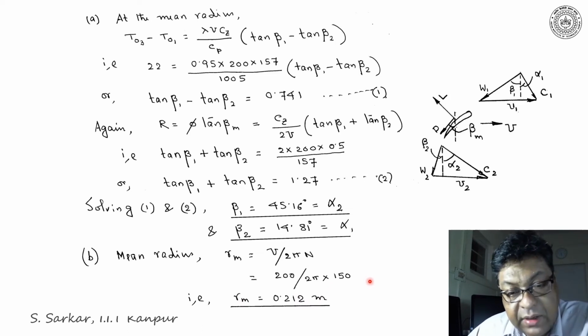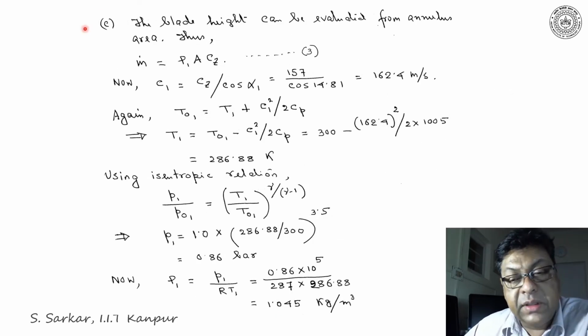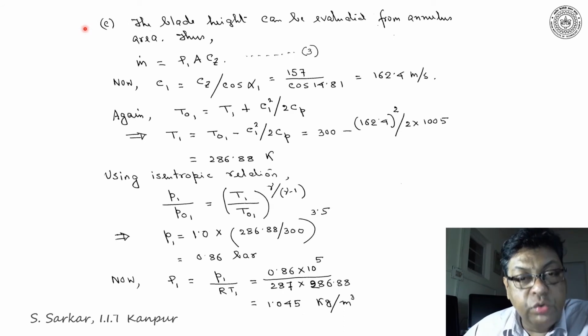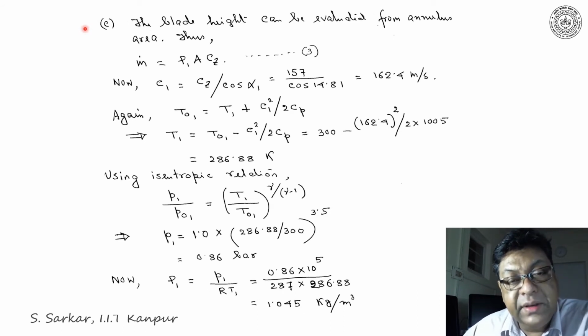If you do that, you will get Rm is equal to 0.212. Thus, I got mean radius as 0.212 meter.